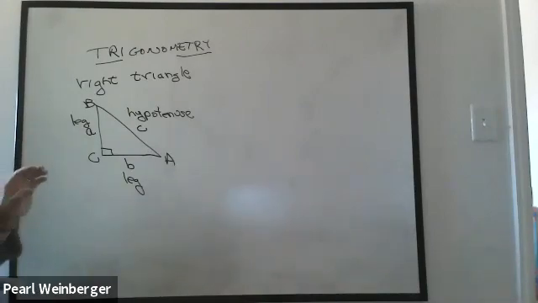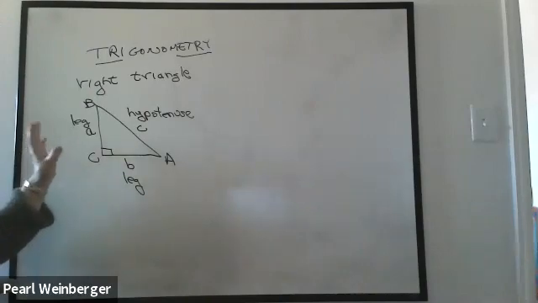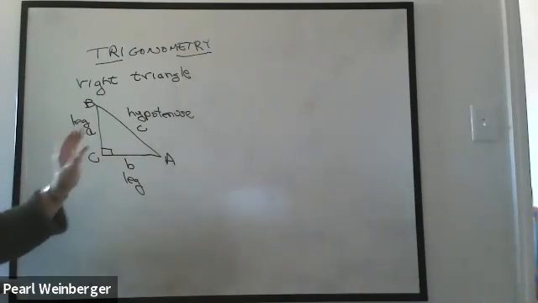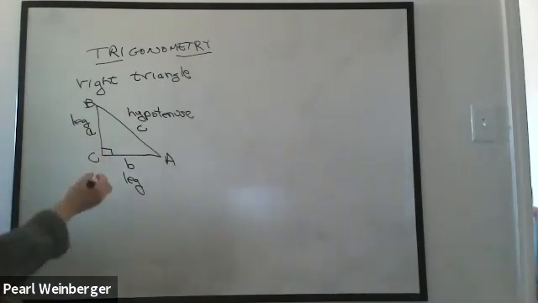Also, there happens to be a very important equation, formula, theorem, whatever you want to call it, that gives you the relationship between the three sides of the right triangle. This only works in the right triangle.